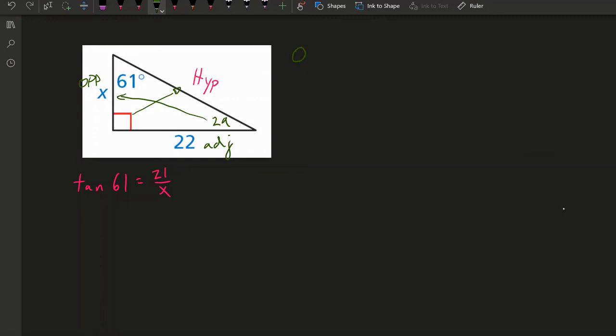So now I can say theta for this one is 29, the opposite is x, and the adjacent is 22. So I can say tangent of theta is equal to the opposite divided by the adjacent. So the tangent of 29 is equal to x over 22.